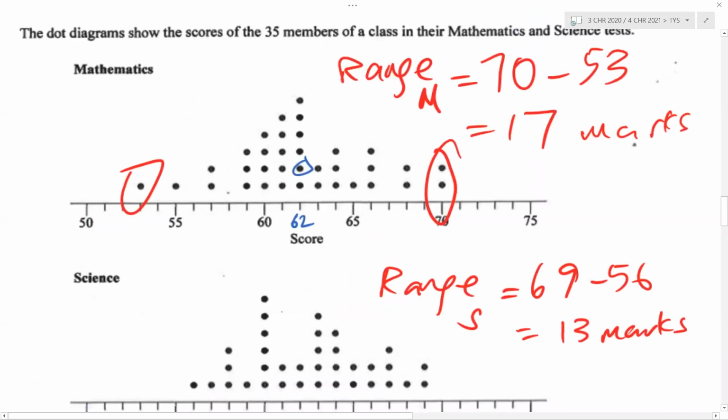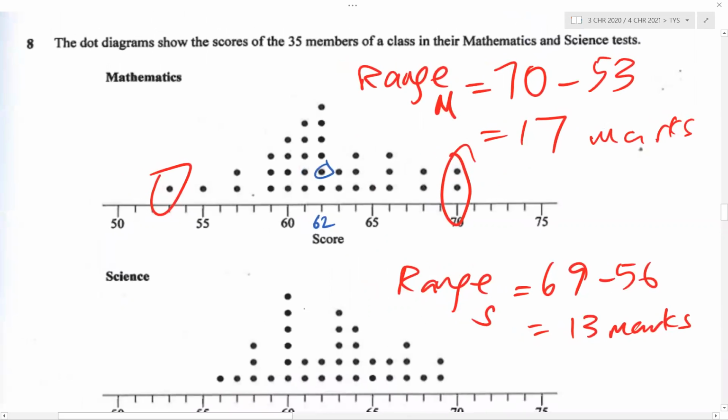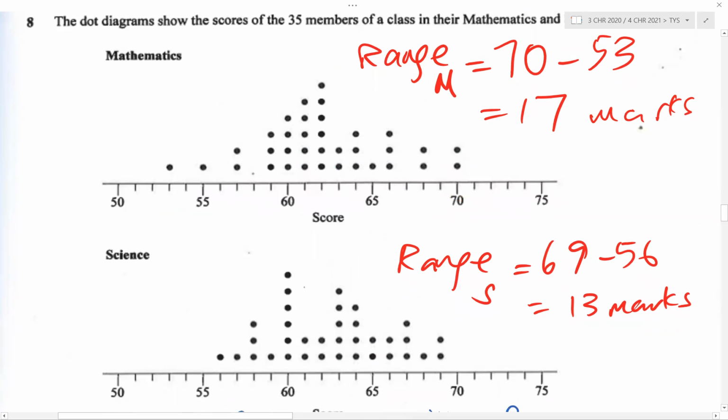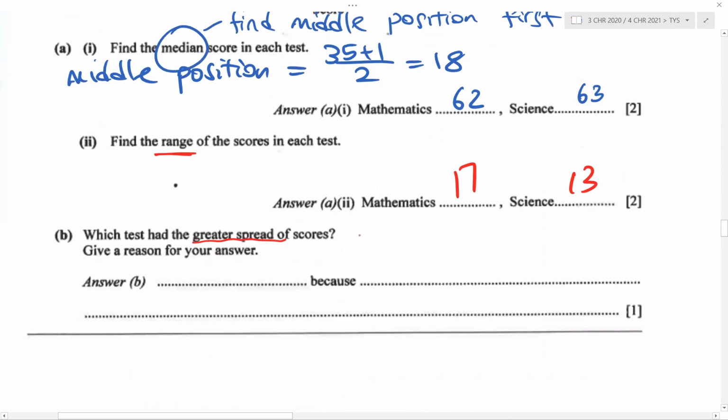You look at the diagram, you can tell one of them looks more spread out than the other. Maths or science? Mathematics looks more spread out. Okay, correct. By looking at it, we can see that it is more spread out, but there is a because.